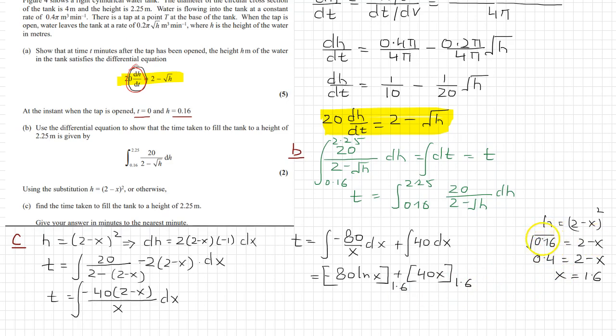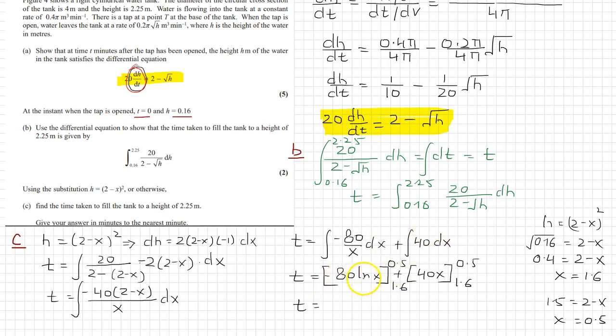In the same way, 2.25 root is 1.5, which is equal to 2 minus x. So x will be 0.5. So this is the value of t.